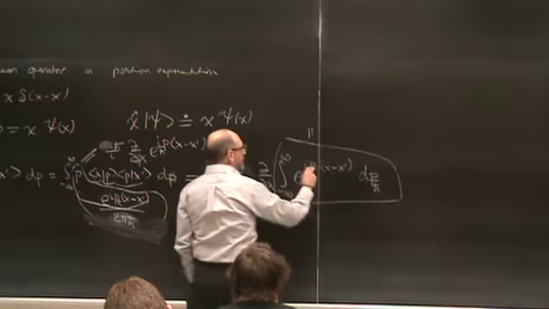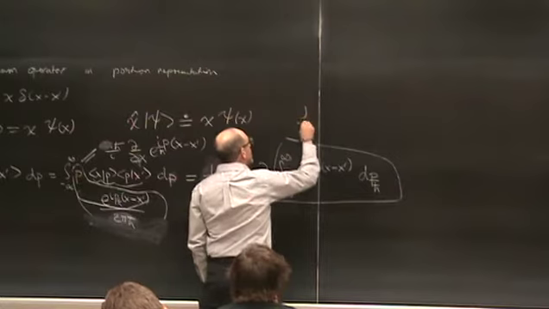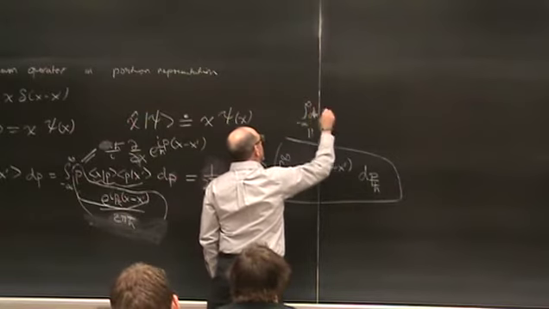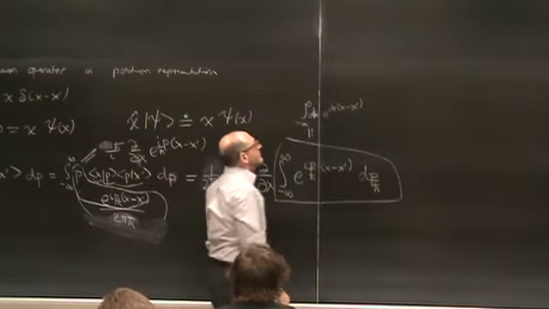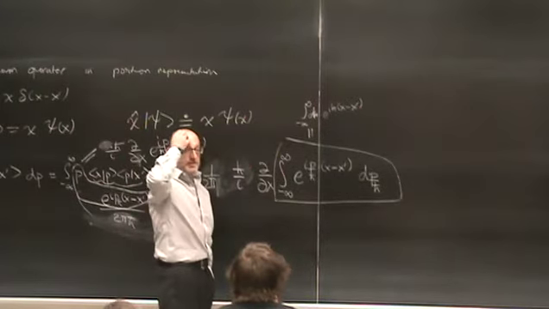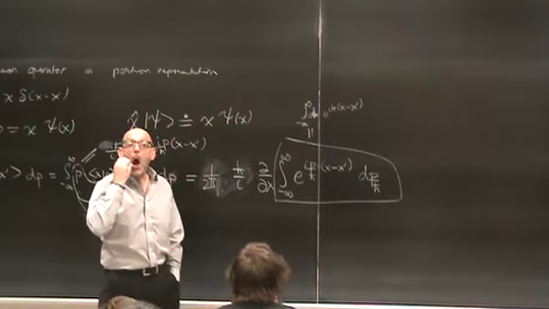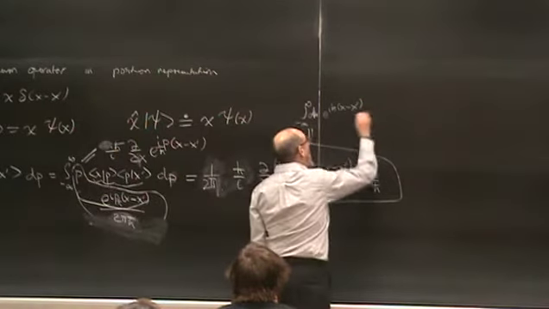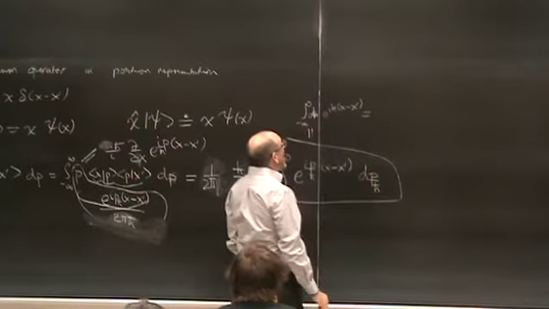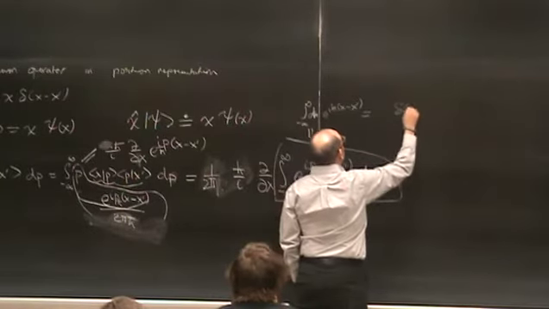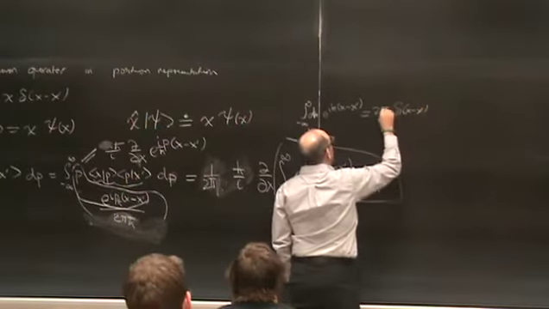If I change p to h bar k, this is an integral dk of e to the i k (x minus x'), which is a Dirac delta of x minus x', and it's got a 2 pi.